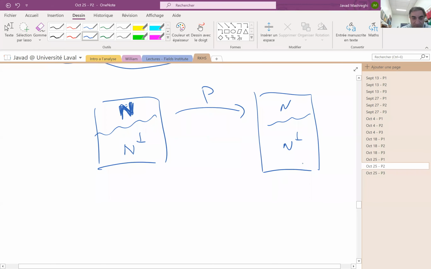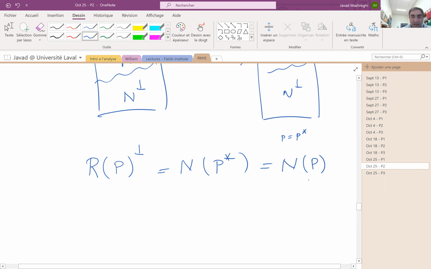in general, we know that the complement of the range of an operator P is N of P star. But in this case, P is equal to P star, so it is N of P. And when we take the complement one more time, N of P complement is equal to range of P, in the infinite dimensional setting.